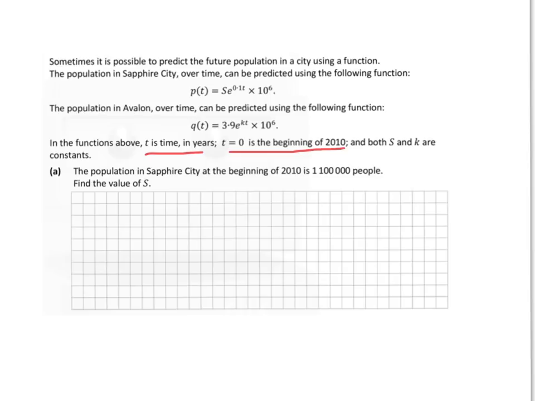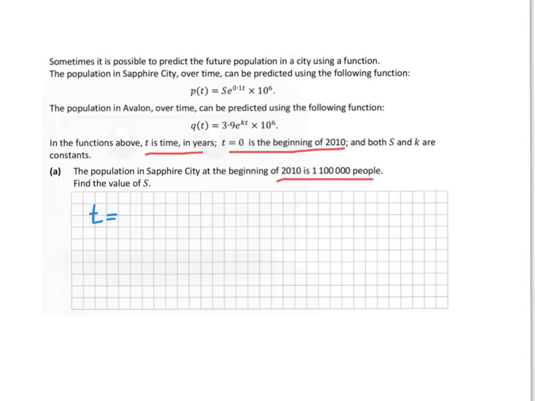So both s and k are constants, and we're asked to find the value of s if the population of Sapphire City at the beginning of 2010 is 1.1 million people. And we're told just above it that t equal to 0 is the beginning of 2010. So that's the first thing I'm writing down here.